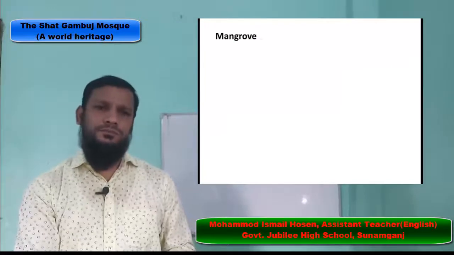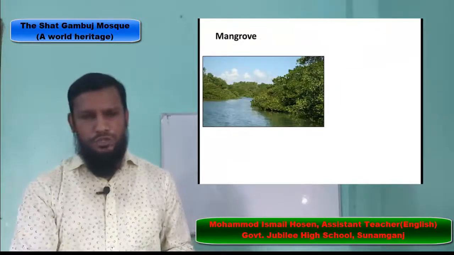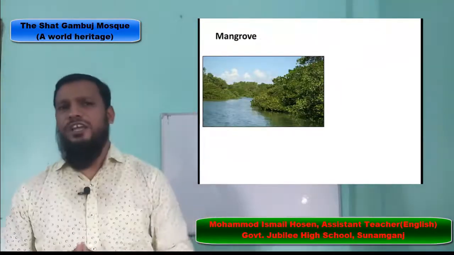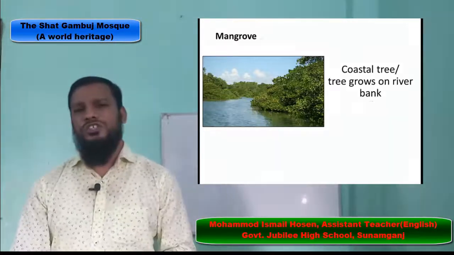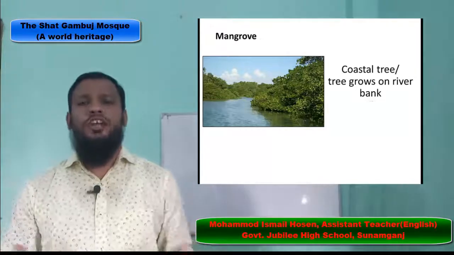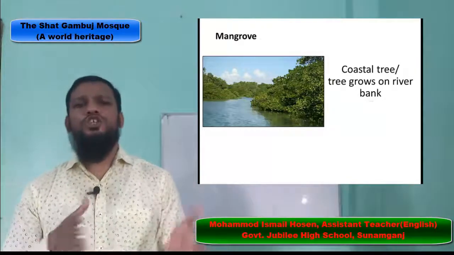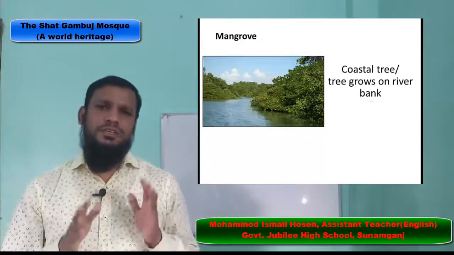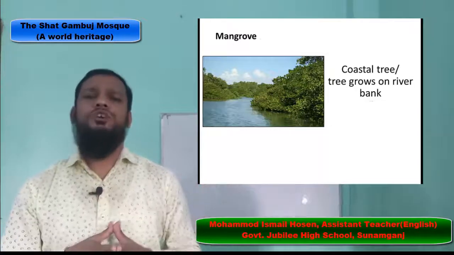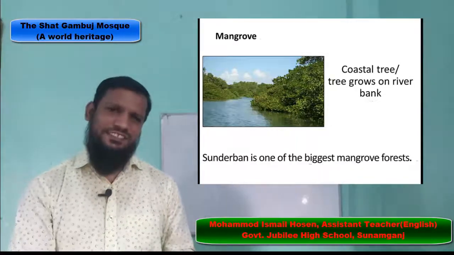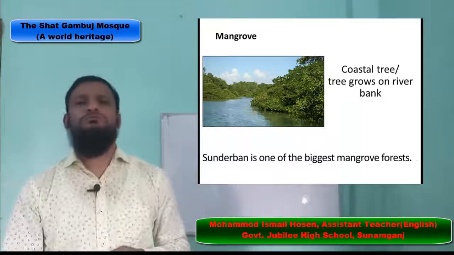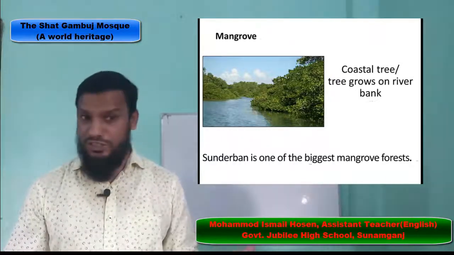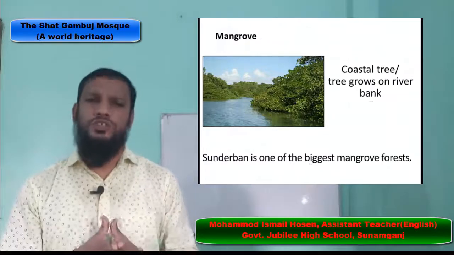Then mangrove. Do you understand mangrove? You can see a mangrove forest, and you try to understand it. Mangrove means a coastal tree, or a tree that grows on a river bank. Sundarbans is one of the biggest mangrove forests in the world.